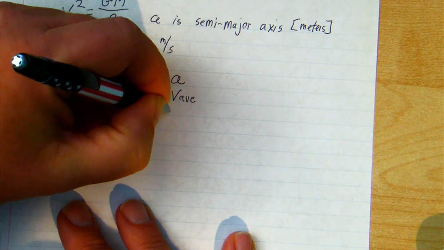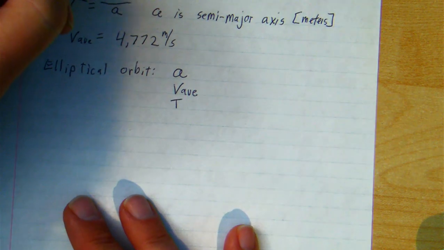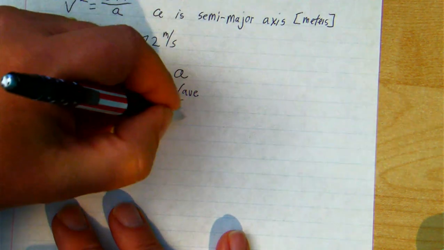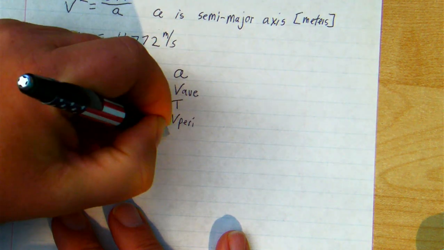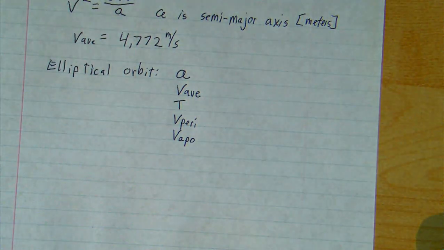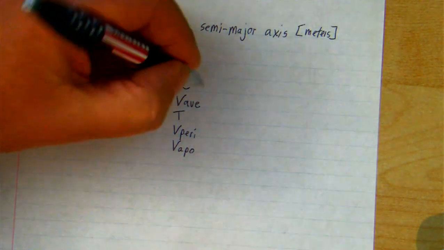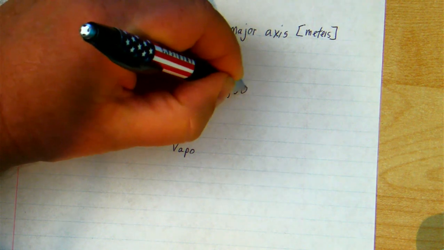We need to know the orbital period. We haven't calculated that yet. Later, we'll need to calculate the periapsis velocity and the apoapsis velocity. So far, we have the semi-major axis is 17,500 kilometers.